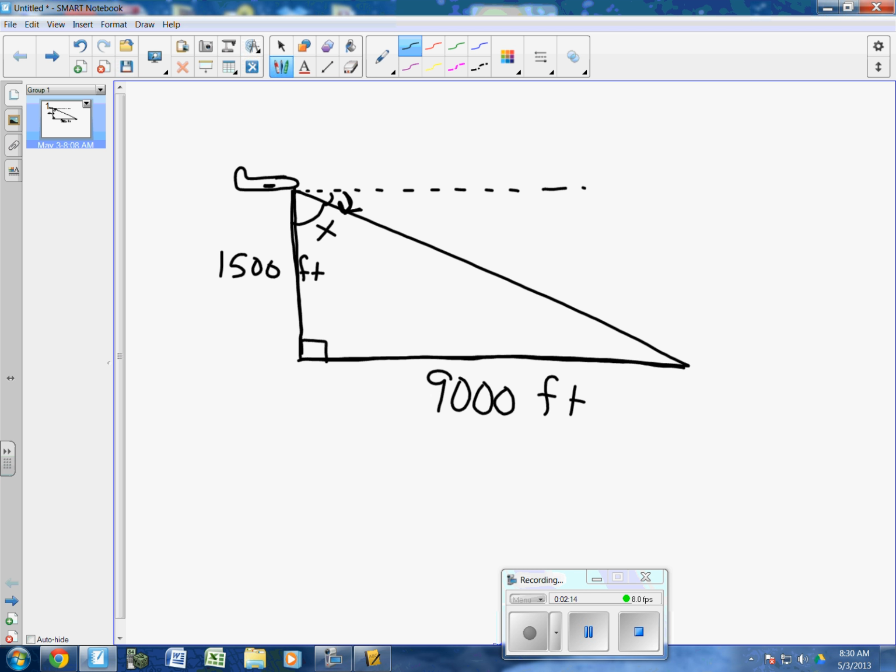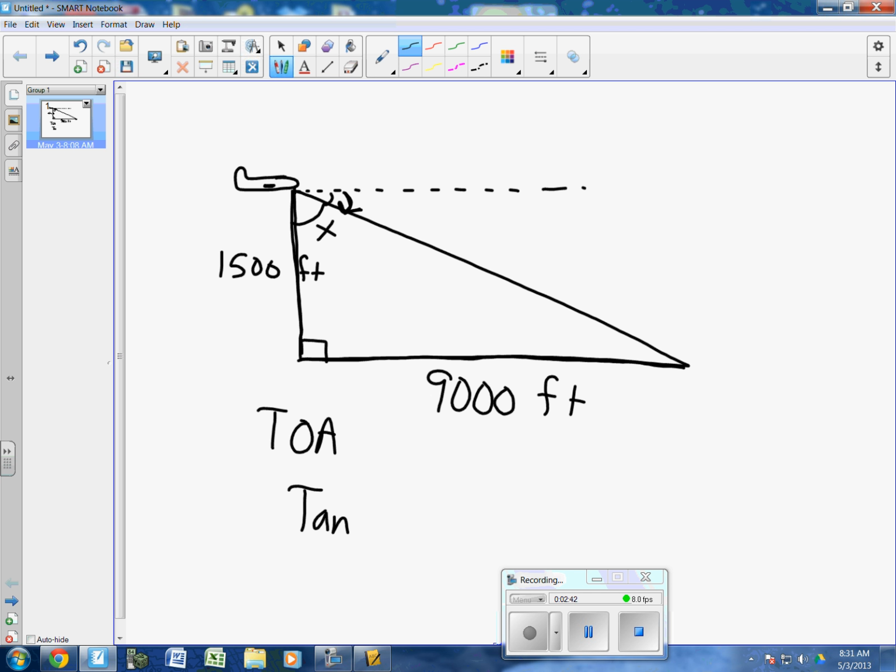So sine, cosine, or tangent? Yeah, we're given the two legs, the opposite side and the adjacent side. So tangent equals opposite over adjacent.